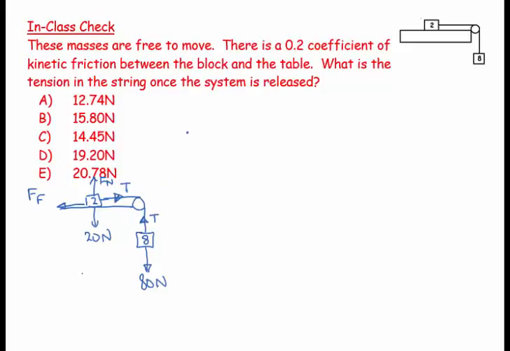There's a bit of a layout issue with this, and that is the fact that that is a, well, what would you call that? A downwards pointing 80 newtons. This is an upwards pointing T. This is a right hand pointing T. Usually upwards is positive, right hand is positive.